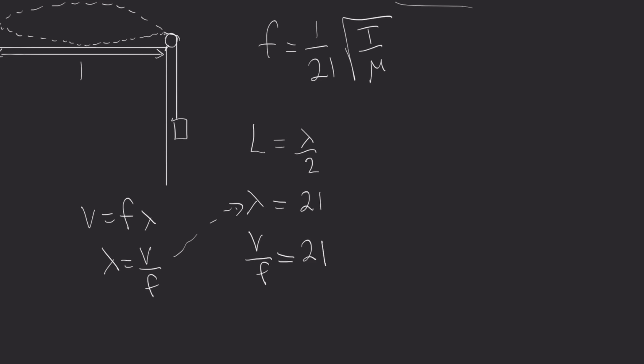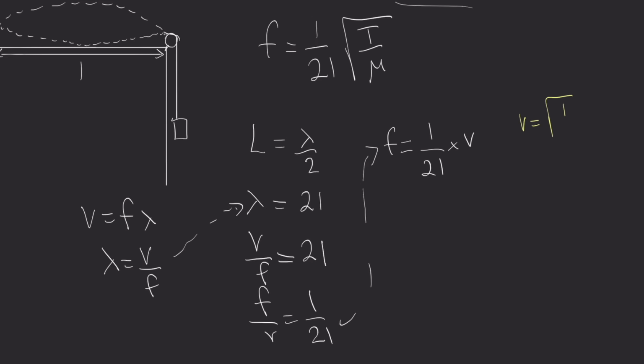We're almost there. Now, shall we just flip this and rearrange for the frequency? So I'm going to do F over V is equal to 1 over 2L. Now let's carry on across here. F will be equal to 1 over 2L multiplied by the speed V. And now another equation that is sometimes given in the question itself is that V is equal to the square root of the tension divided by the mass per unit length.